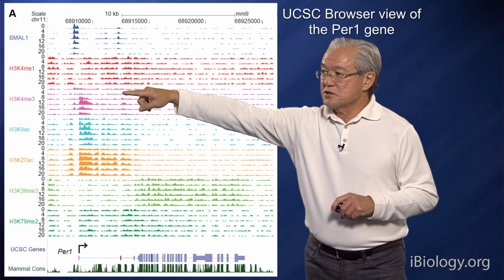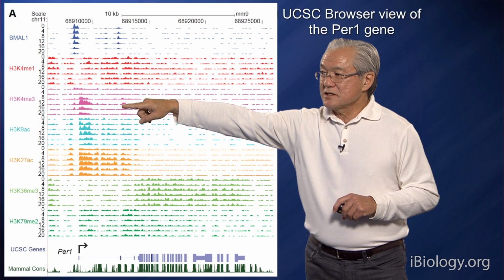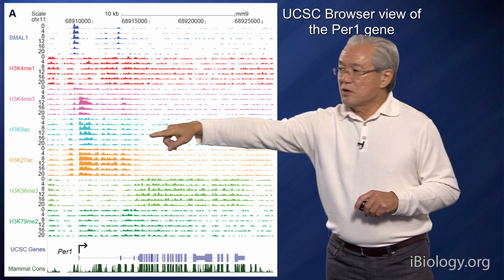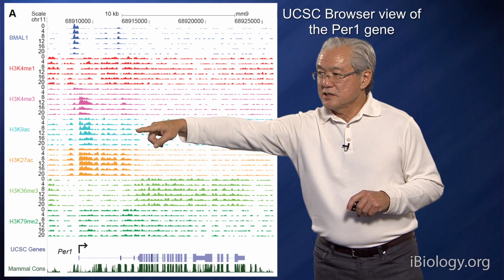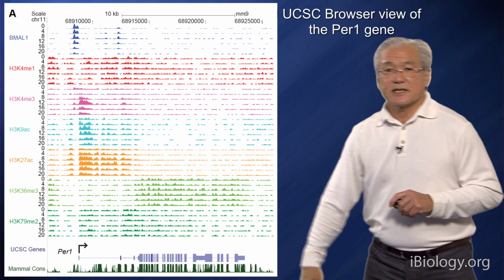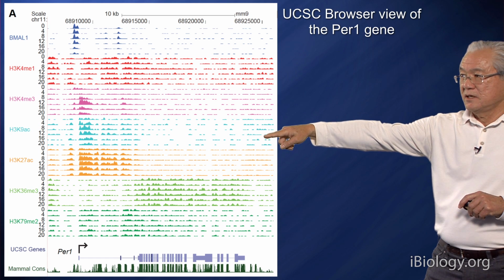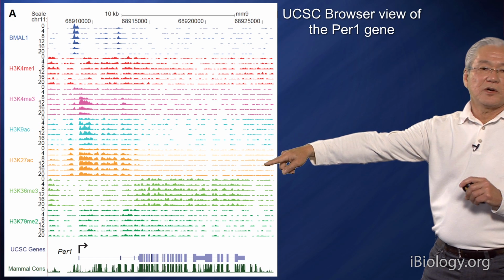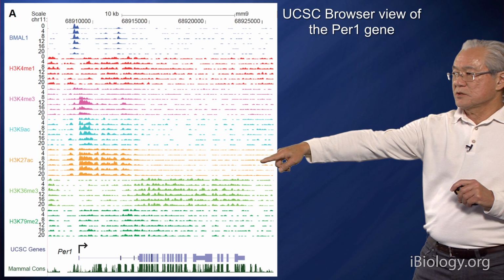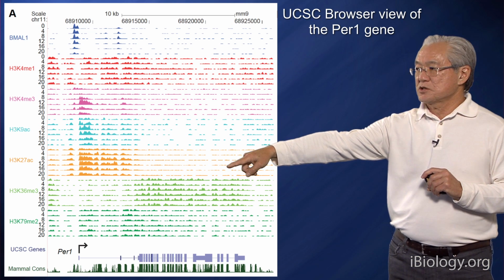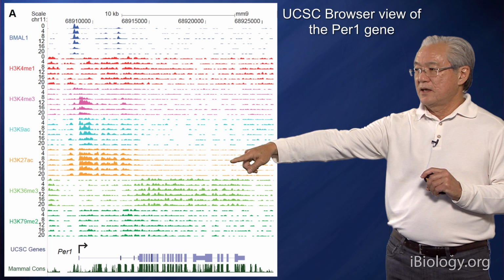It's not there at 0 and 4, peaks at 12, and then falls off. A second promoter activation mark, histone 3 lysine 9 acetylation, also is highly dynamic and circadian, as is the promoter and enhancer mark, histone 3 lysine 27 acetylation, shown here in orange.